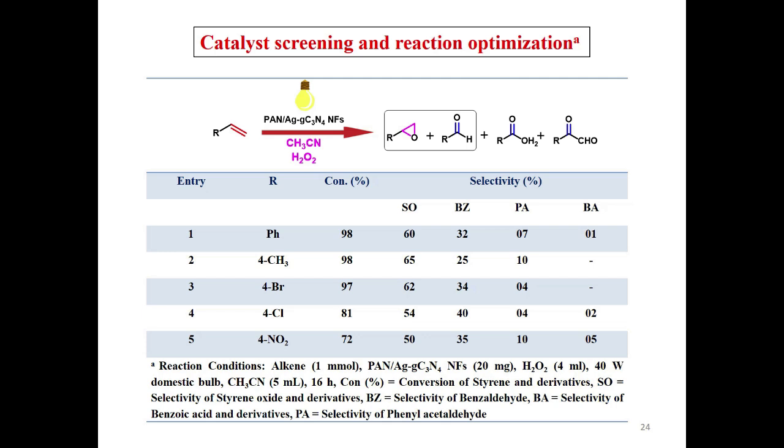So this reaction is very selective for styrene oxide, and for the phenyl group and methyl group as compared to the bromide, chloride and nitro groups.